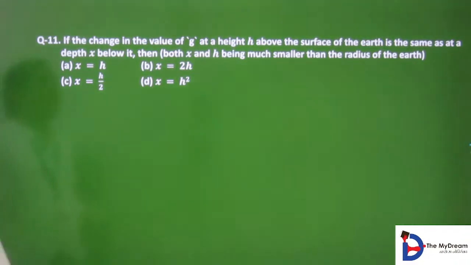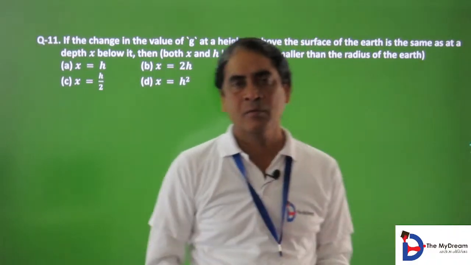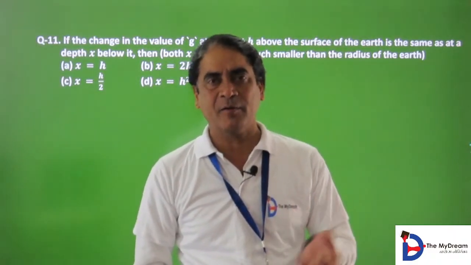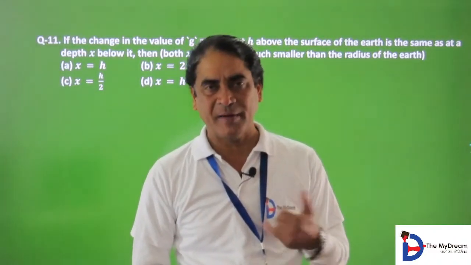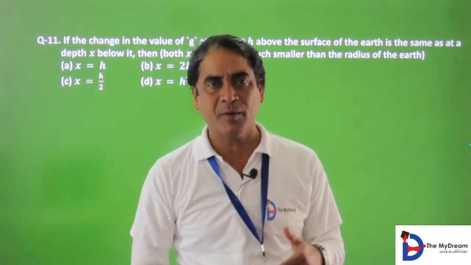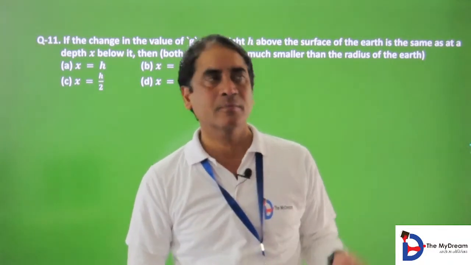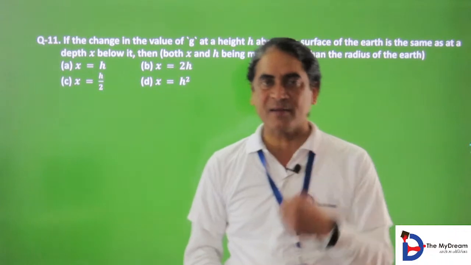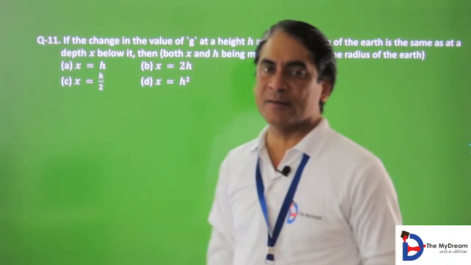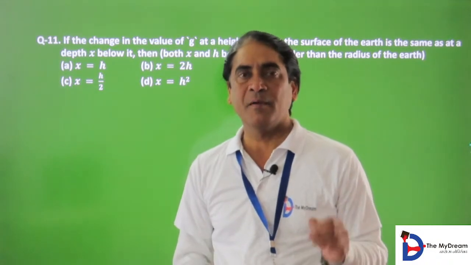Now, if the change in value of g at a height h, as you know, effect of height, effect of depth, effect of latitude, as we are moving away from the center of earth, gravity goes on decreasing. As we are moving toward the center of earth, again gravity decreases. At the center of earth, gravity will become 0.